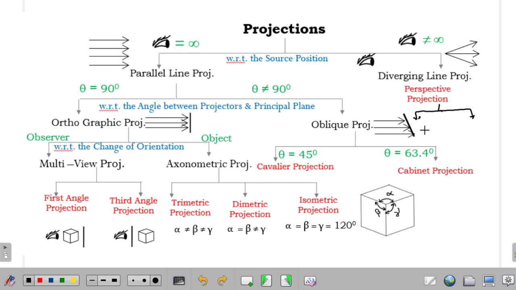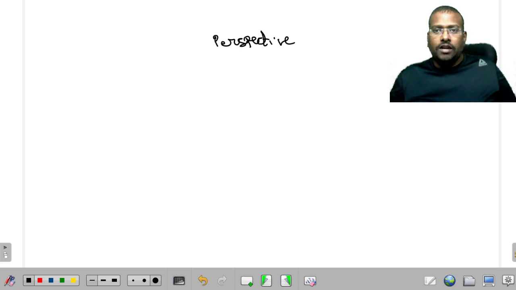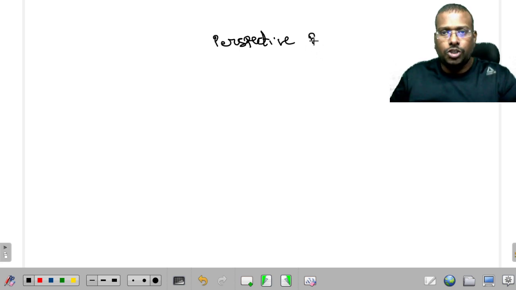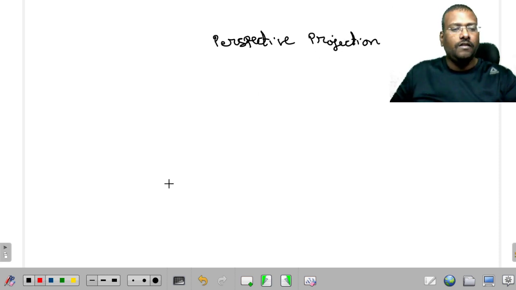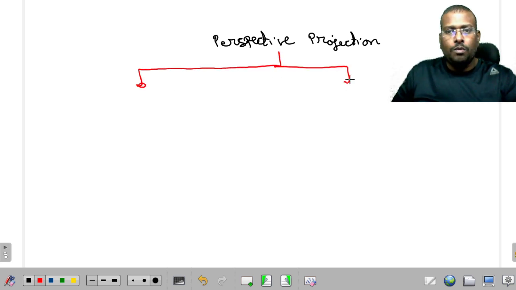I will erase again. I will draw it on the next page just for your clarity. Perspective projection is again divided. The objects in perspective projection can be drawn with the help of two methods. What are those two methods?